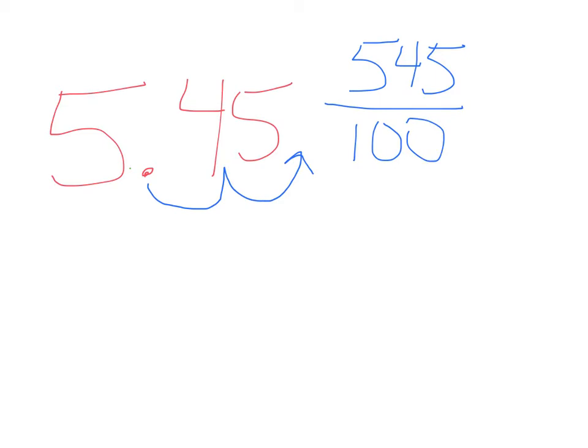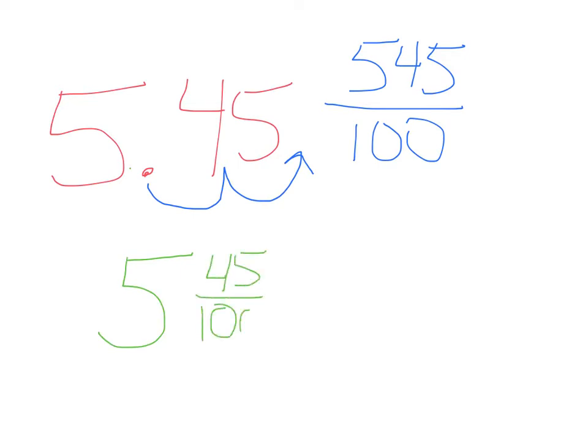What this leaves me with, though, now is an improper fraction. That improper fraction, remember to reduce improper fractions, you look at it as 545 divided by 100. So looking at how many times 100 will go into 545, writing that down here at the bottom, 100 goes into 545 5 times with a remainder of 45.